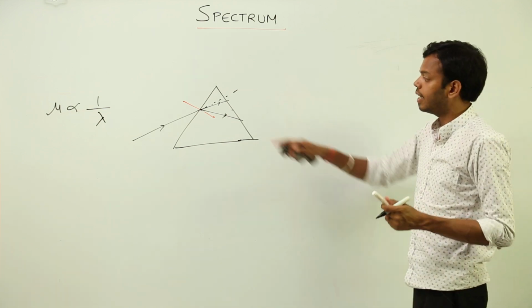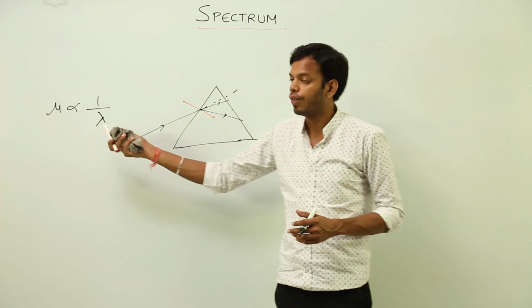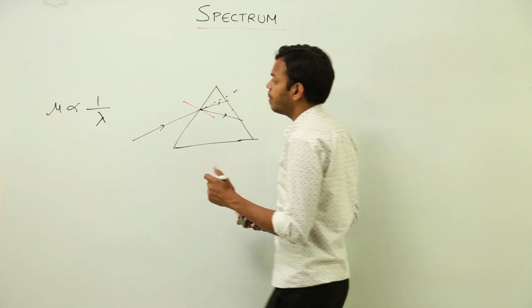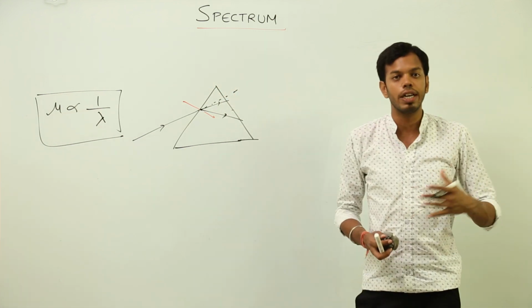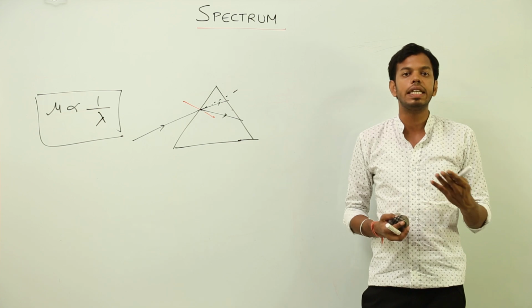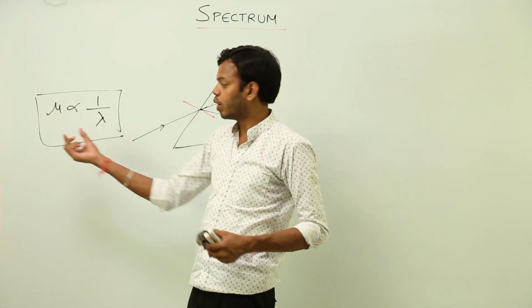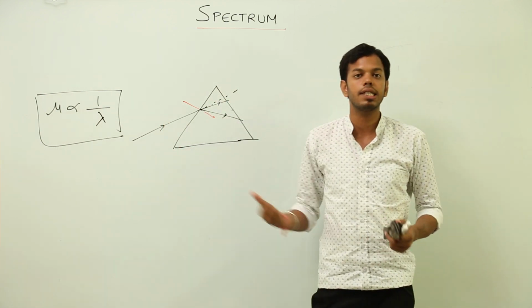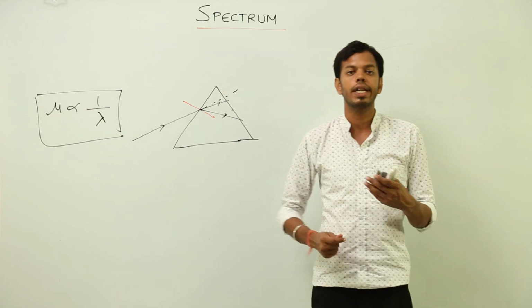So you can see the difference between a lower bending and a higher bending just because of a change in the wavelength of light. So remember, a key factor in deviation is the wavelength of the incident ray. Include this point also in the deviation factors as the fourth point. You can also write in brackets that refractive index is inversely proportional to the wavelength of light. Now we are going to proceed to what is dispersion.